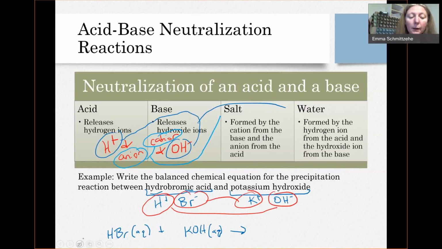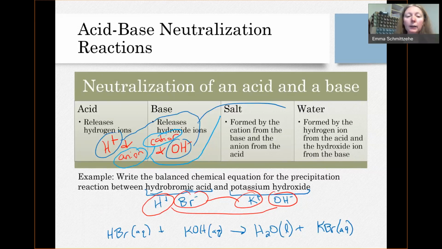And so that means I get H2O, which is a liquid, and then I get KBr. And that's soluble, so it's aqueous, okay? And so that's my water, and my salt is the KBr. And that one actually is already balanced as is, okay?